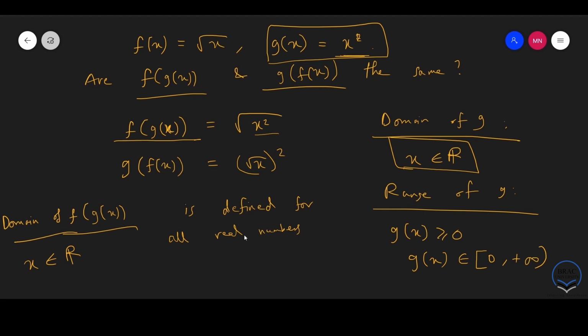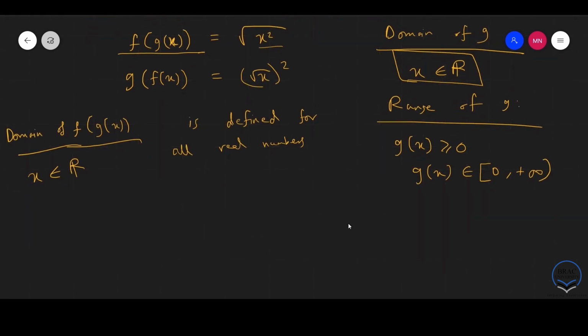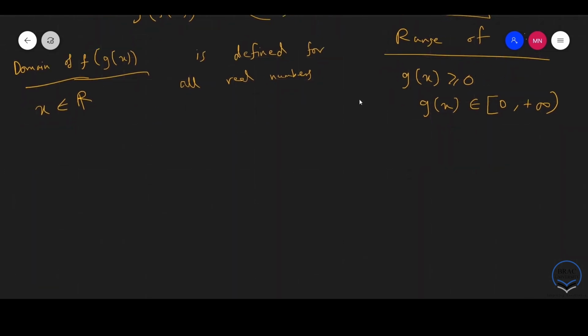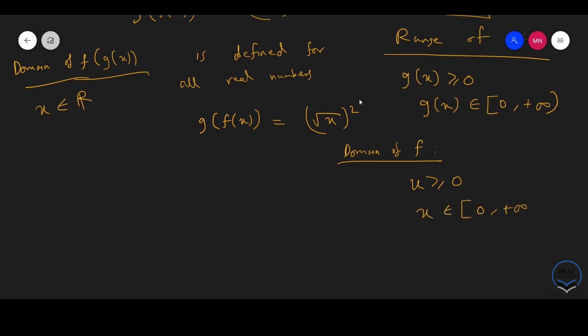However, if we take a look at g of f of x, which is equal to the square root of x, squared, there is clearly a restriction on the function f. The domain of f is that x is greater than or equal to 0, so x is an element of the interval 0 to positive infinity.